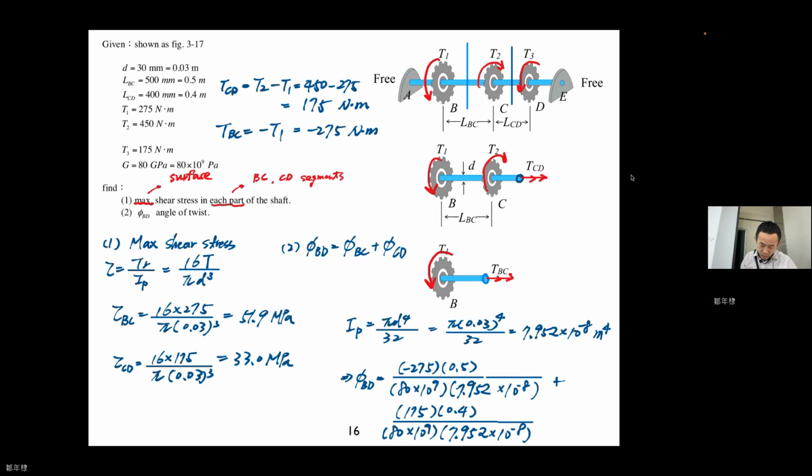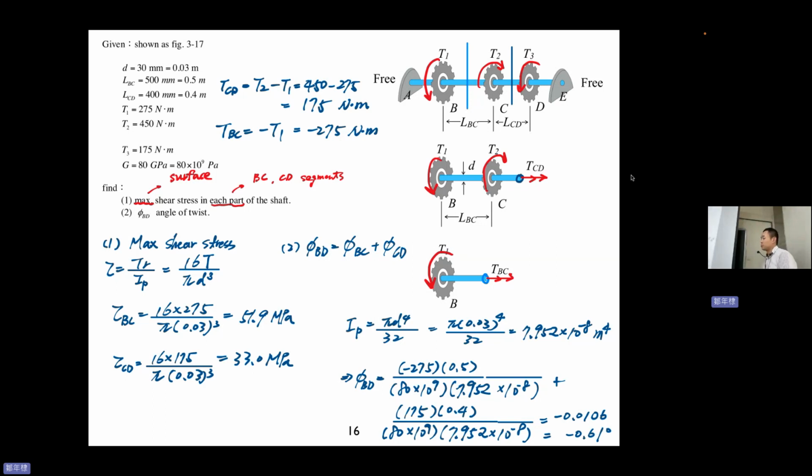Okay, so equals minus 0.0106 radian, approximately equal to minus 0.61 degree. Okay, that's the practice. I believe this is easy for you, right?